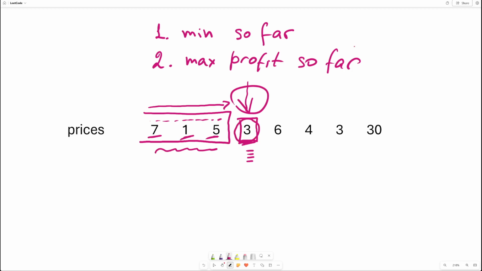Obviously, the best profit we could make today would be to buy at the minimum price, sell at today's price, and then compare it to the maximum profit.